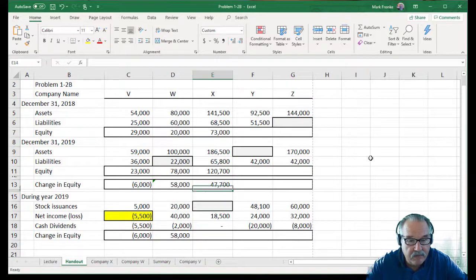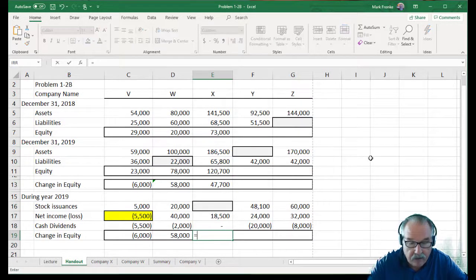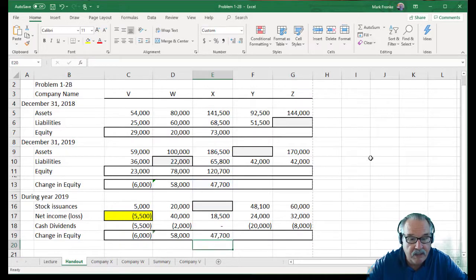So that means down here, the change in equity has to be reconciled or explained by these 3 components: stock issuances or capital, net income, and cash dividends.